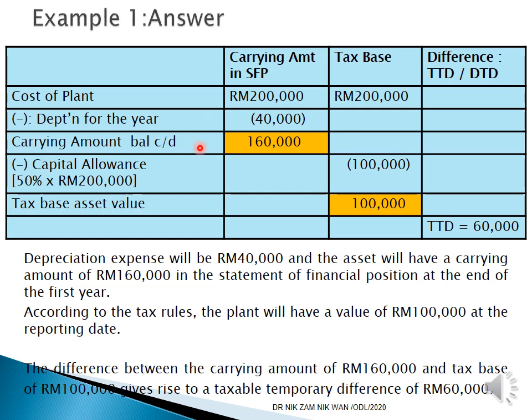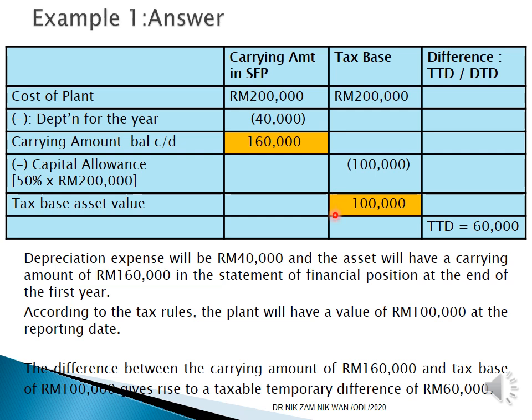Let's say this is for the first year. So carrying amount in the statement of financial position is 160,000.